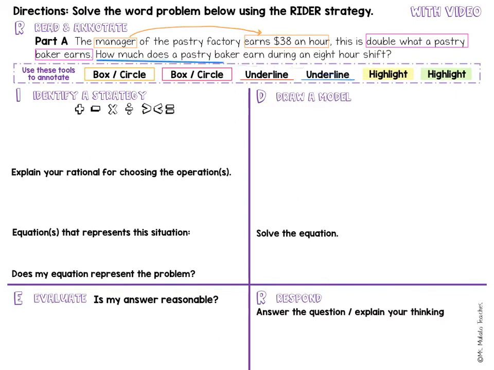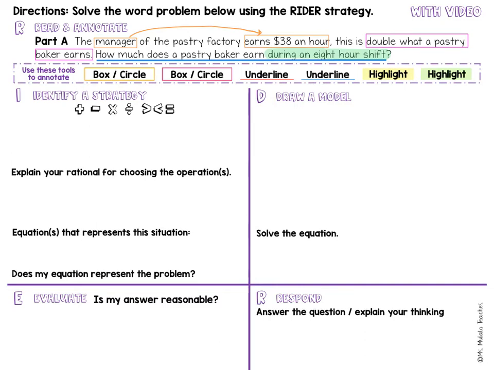How much does a pastry baker earn during an 8-hour shift? And there seems to be something else really important in that sentence, which I'm going to highlight. Yeah, not just a pastry baker, but we need to know during an 8-hour shift, because the rest of the problem was just talking about in an hour.